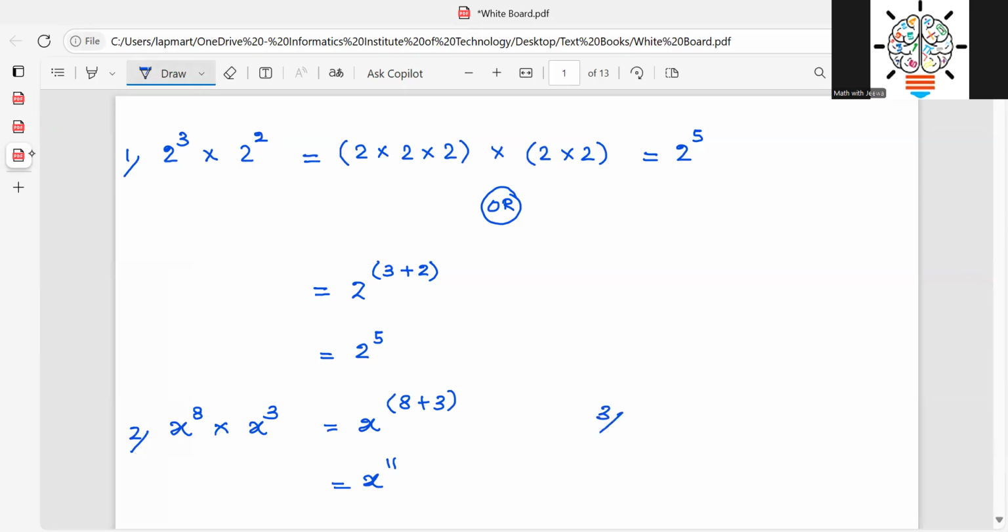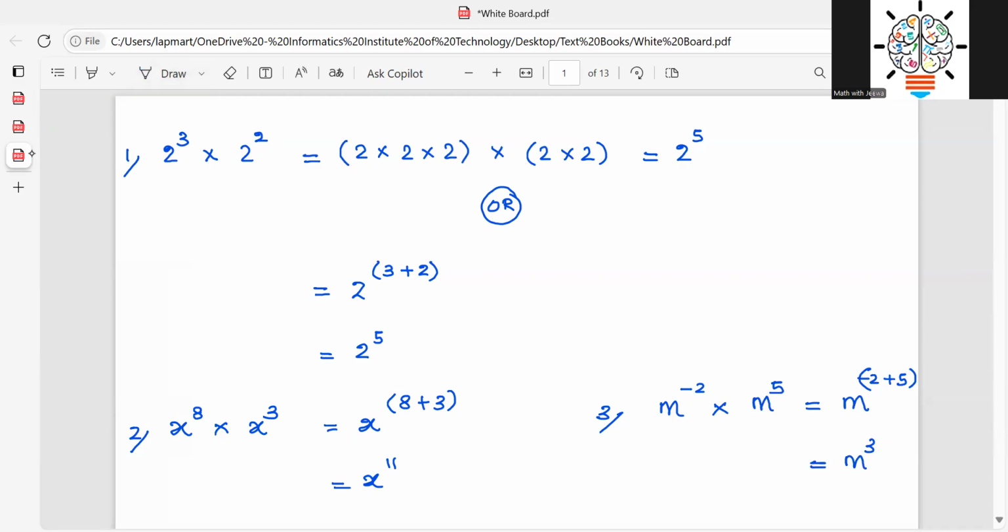Let's say you have m to the power of negative 2 times m to the power of 5. What you are supposed to do, you write the base value and you add the indices like this. Either it is positive or negative, you don't have to worry. So then that becomes m to the power of 3. Negative 2, positive 5, it is positive 3, no? So then you just write it like this.